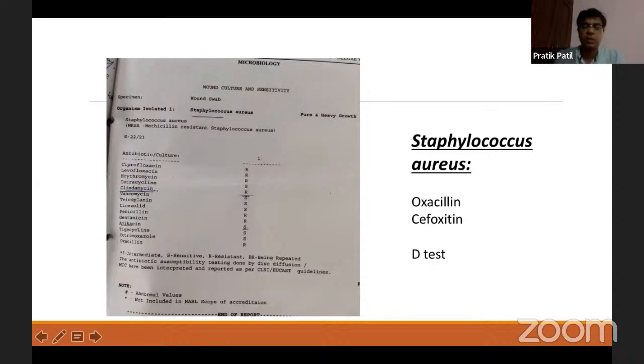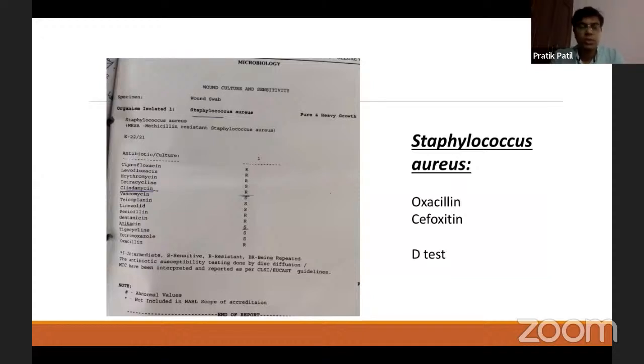So whenever clindamycin is sensitive, we need to see what is the resistance to erythromycin, because if there is a resistance to erythromycin and clinda is sensitive, however, it's reported resistant here because of the D-test that is done. You need to know whether a D-test is done, and based on the report, even if the clindamycin is sensitive, if there is a presence of inducible clindamycin resistance, you should not use clindamycin, because while on treatment, the clindamycin may become resistant.